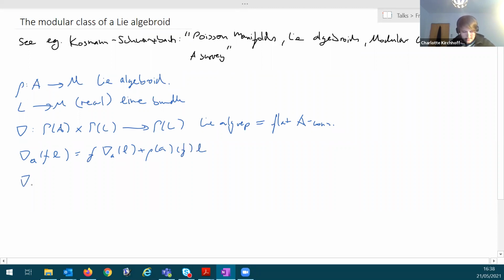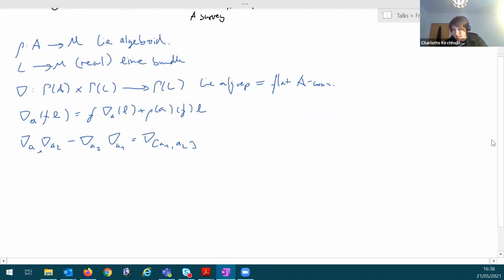And then I said it's flat, so that's this relation. This is the vanishing of the curvature, and it also immediately shows why we would call this a Lie algebroid representation, because it's compatible with the Lie bracket on A.